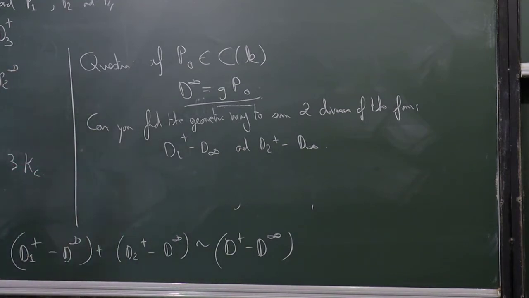You will probably need to go through the point P0, I mean find curves that go through the point P0 with very high multiplicity of intersection.